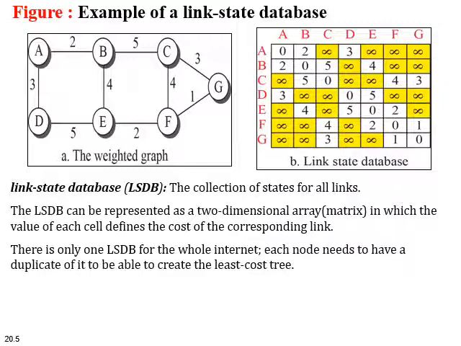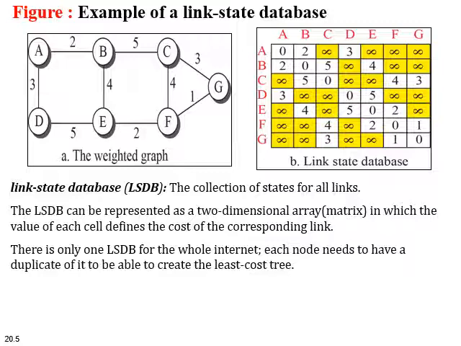The initial link state database is shown here. A to A is 0, the cost of reaching itself is 0. Then A to B, because A is directly connected to B, the cost of reaching B is 2. Then the cost of reaching C: C is not directly connected with A, so the cost of reaching C will be infinite.